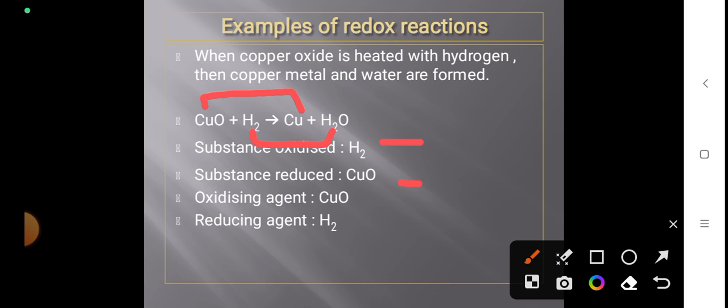The reaction which undergoes reduction will involve an oxidizing agent, and the reaction which undergoes oxidation will involve a reducing agent. So here, CuO to Cu is reduction, hence CuO will be the oxidizing agent. Similarly, hydrogen to water is oxidation, and hydrogen would be the reducing agent.